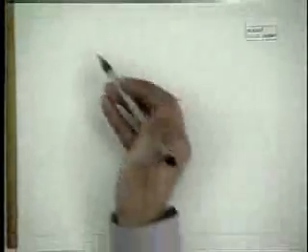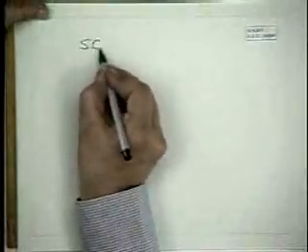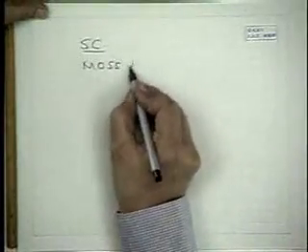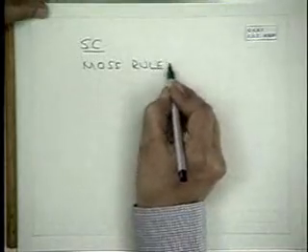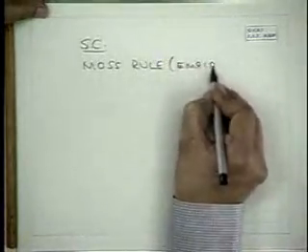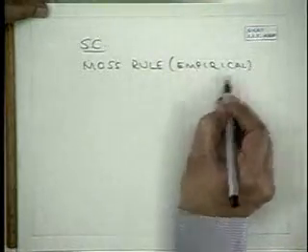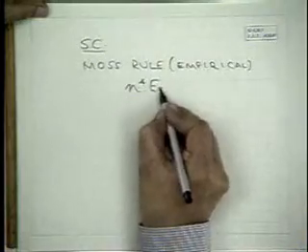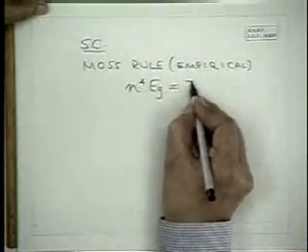As a postscript, in semiconductors, it was found that there is a thing called Moss law, or Moss rule. It's an empirical rule. N to the 4th times Eg is some constant, 77.